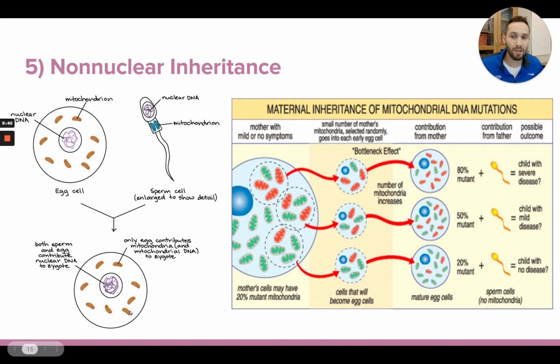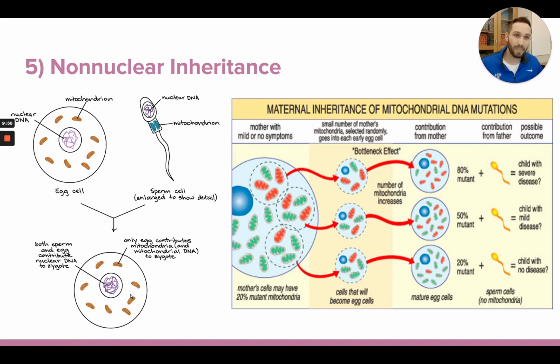And this cell right here will then start dividing and developing into an embryo and into an offspring. All of the future cells that come from this fertilized egg will be using and replicating these mitochondria that came from your mom.